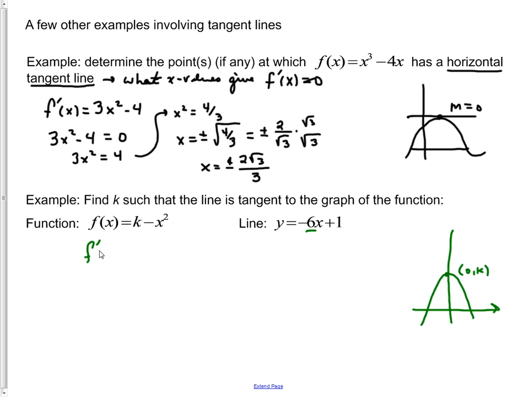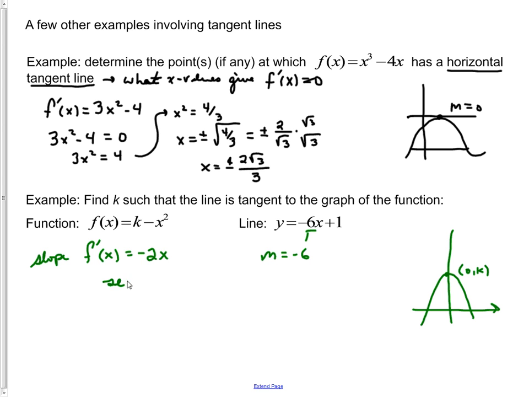Because our derivative is our slope-producing function, we can say that f prime of x is equal to -2 times x to the 2 minus 1. So f prime of x is equal to -2x. And this is our slope, and of course, the slope that we want here for this line is -6. So what we're really looking for is, where does f prime equal -6?